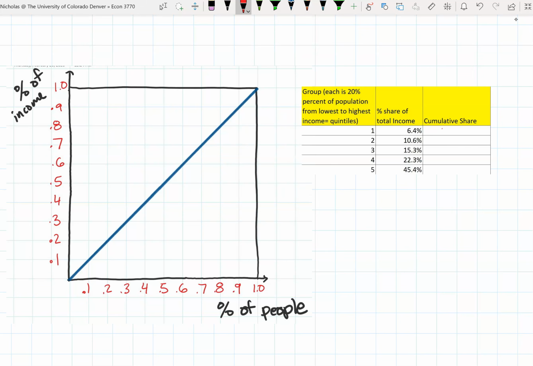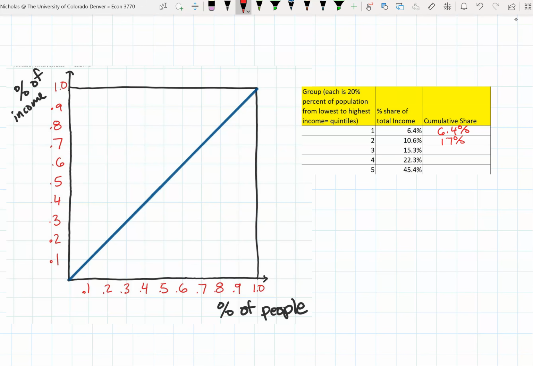Okay, so this is a country. I'll tell you what country when we get done. The first group has 6.4%, and then the next group gets 10.6%. Of the next 20% of people get 10.6% of the total income. When we add those two together, I believe that comes up to 17%.